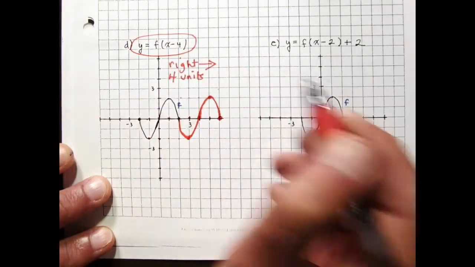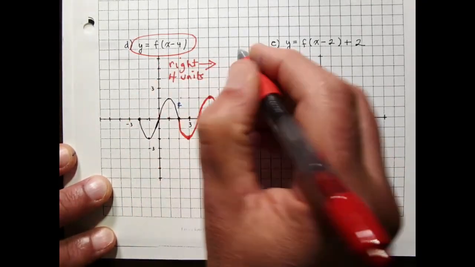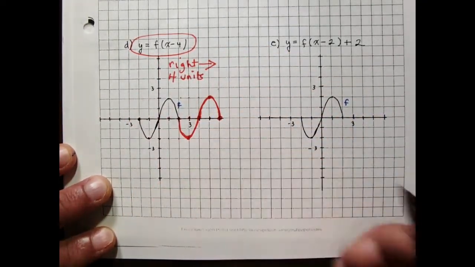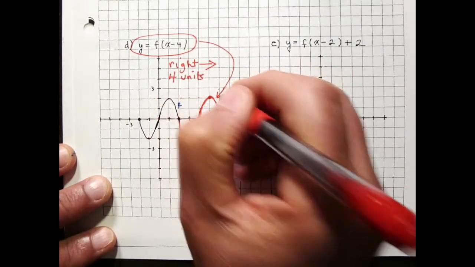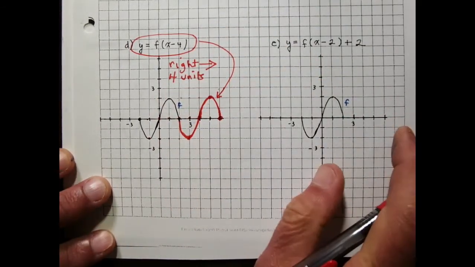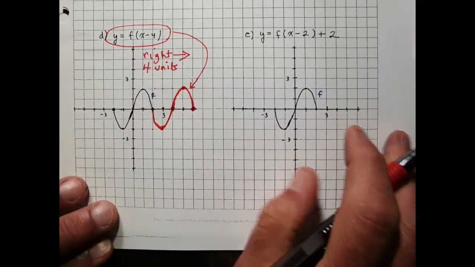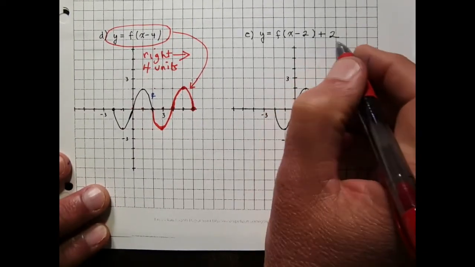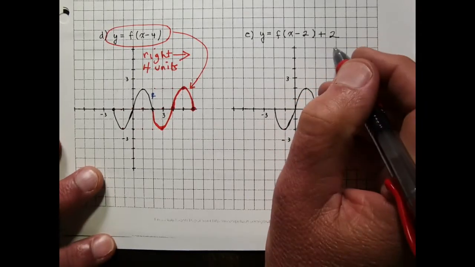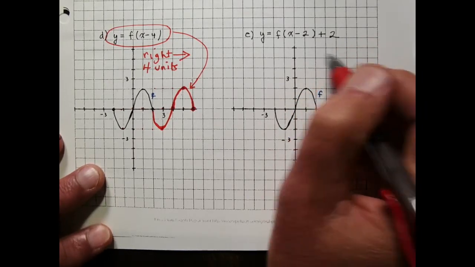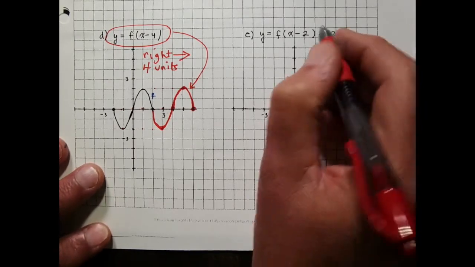So the graph of this new function, this transformed function, is the red. And then finally, part E, what we're doing is we're combining two different transformations. And we're going to learn how to combine them as we learn more and more about transformations.